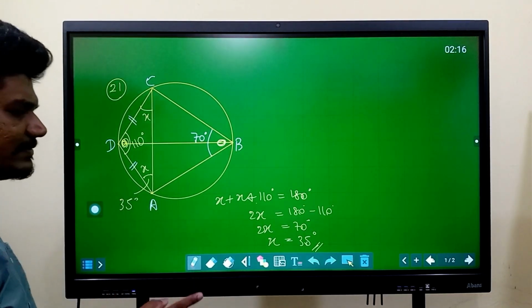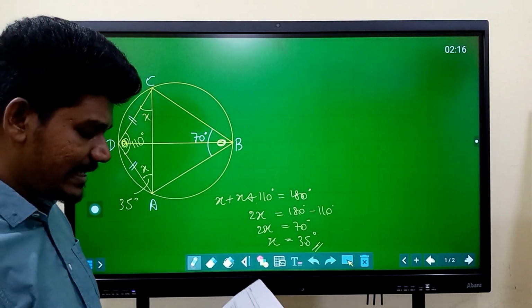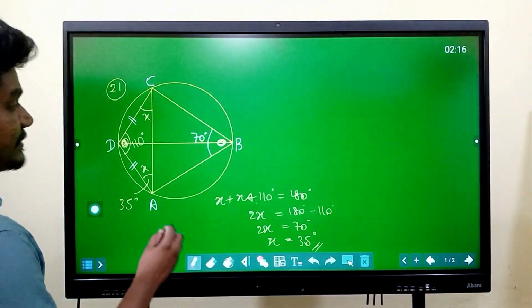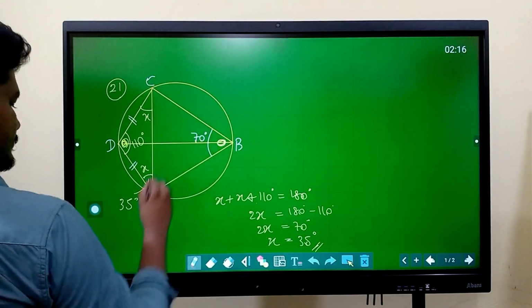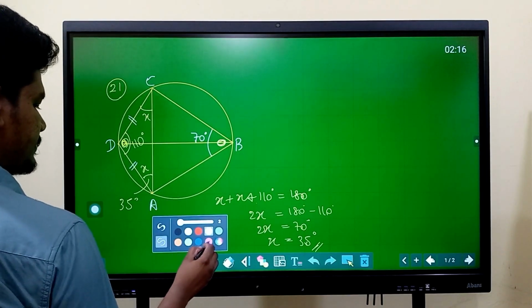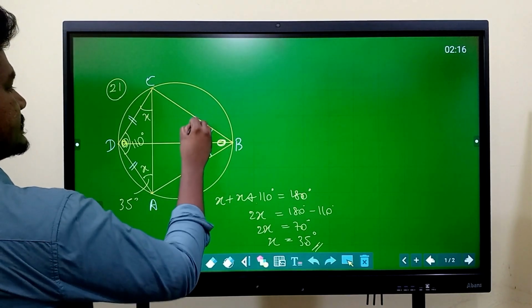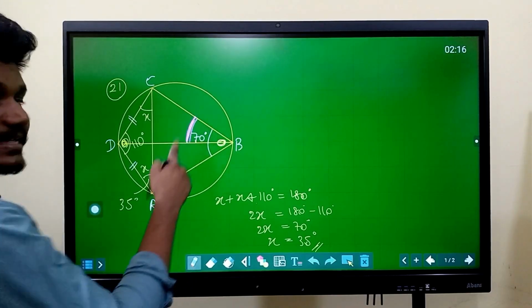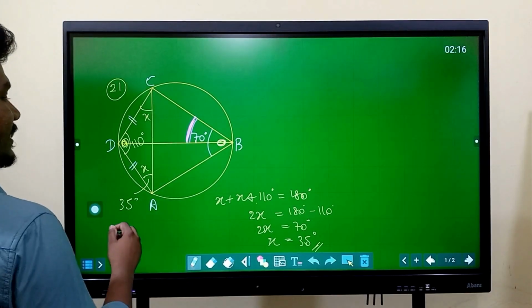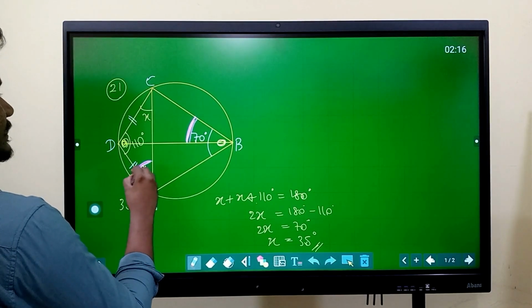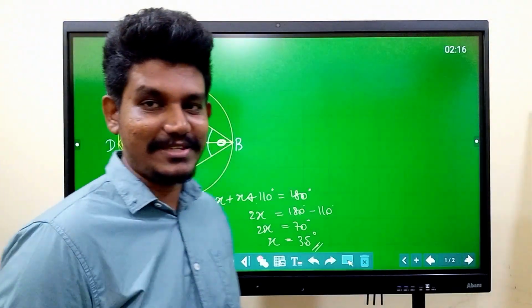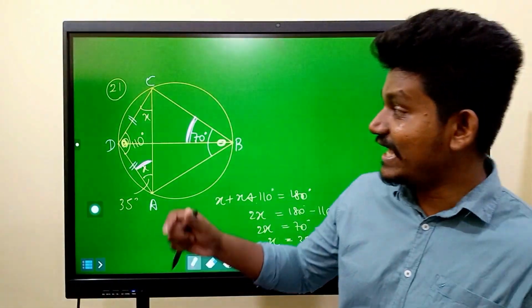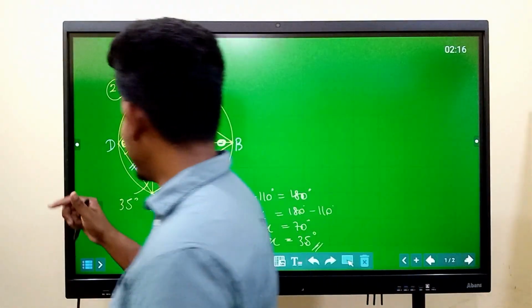Right, then we have to find the value of what? Value of the angle DBC. Let me show you something. DBC is here, no? Right, look at this, brother. This is DBC. So that DBC equals the angle DAC, isn't it? Why are those two angles equal to each other? They lie on the same side, actually the same chord.